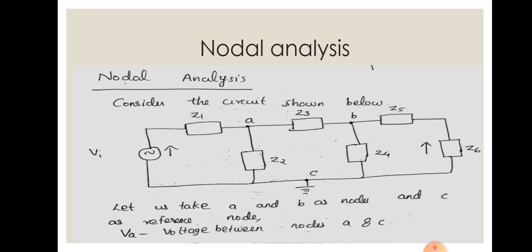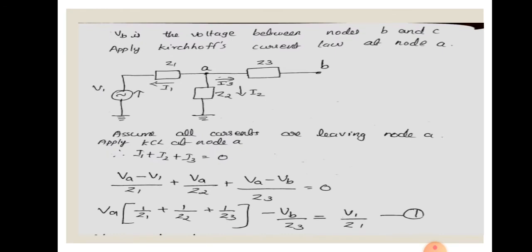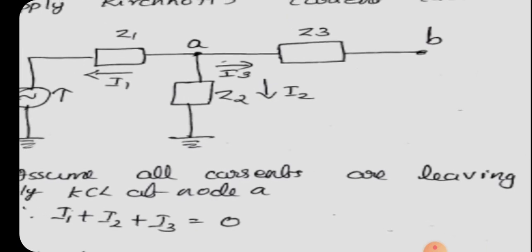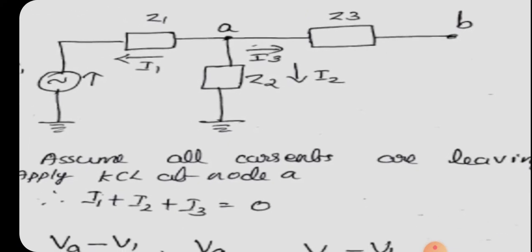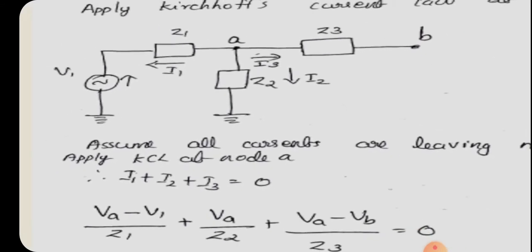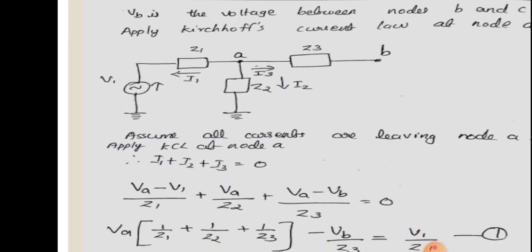So you can write the Kirchhoff's current law equations, starting with node A. All the branches connected to node A are shown in the figure, and the current directions are marked as I1, I2 and I3. We are assuming that all the currents are leaving that node. So you can write the KCL rule as I1 plus I2 plus I3 equal to 0.